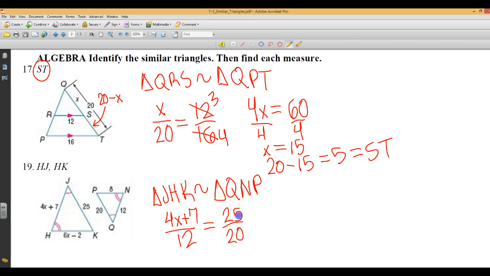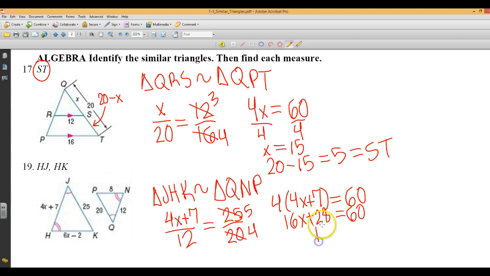Then we can simplify this, so divide them both by 5, and we get 5/4. Then we can cross multiply, so we would take 4 times the quantity 4x plus 7, and set that equal to 5 times 12, and distribute. And then subtract 28, and divide by 16. So x is equal to 2.